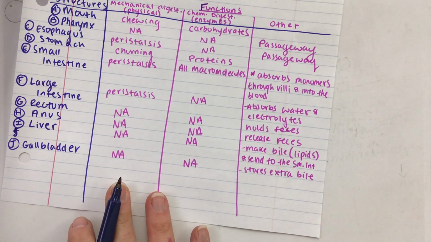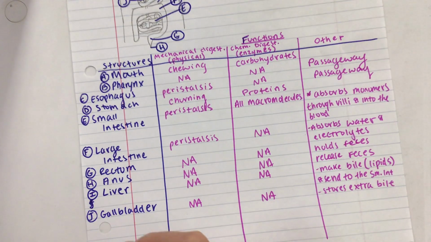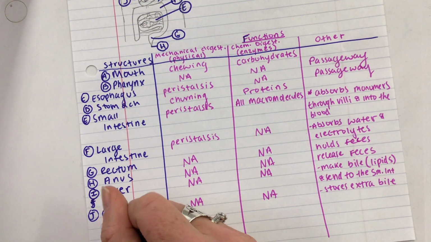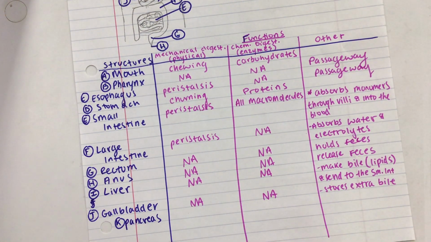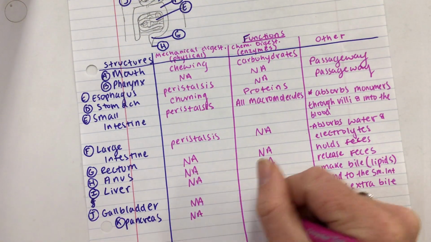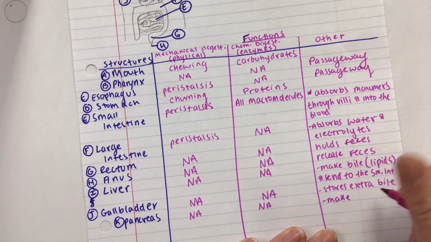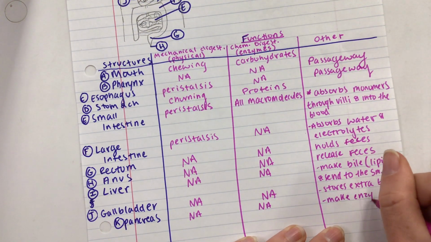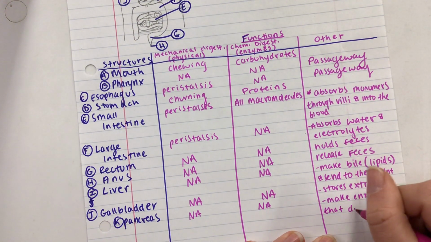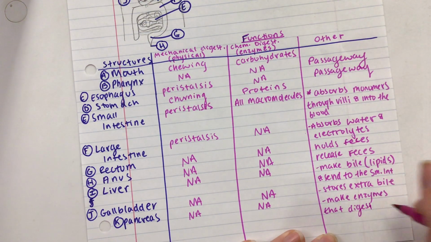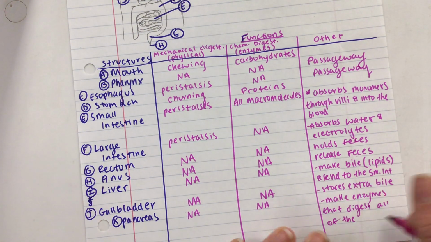And lastly, we have letter K. Letter K, smaller than the liver, but mighty. Letter K is the pancreas. Okay. The pancreas. It can make enzymes that digest each and every one, all of the macromolecules.